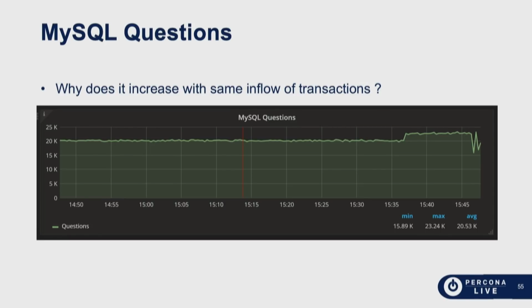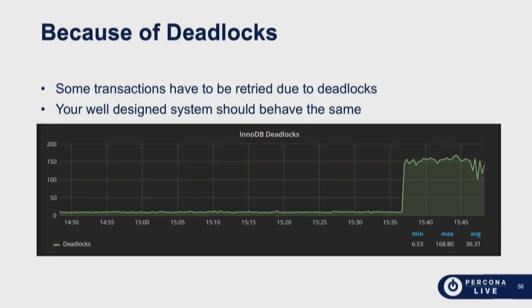So, yeah, the reason actually is deadlocks, right? This tool works how your application should work, right? If you encounter a deadlock, you have to retry, so you can still serve the user transaction.